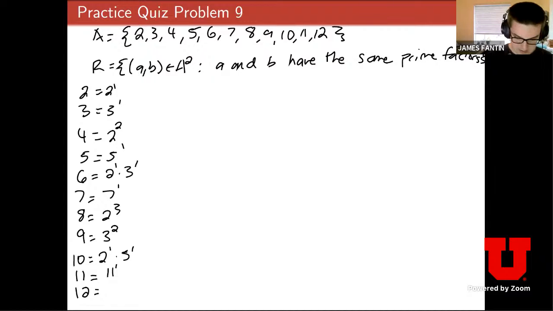And then 12 is 2 squared times 3 to the first. So in other words, we've got the prime factorization, so let's look at the sets. So we might have like a grid here. So this is the prime factorization.